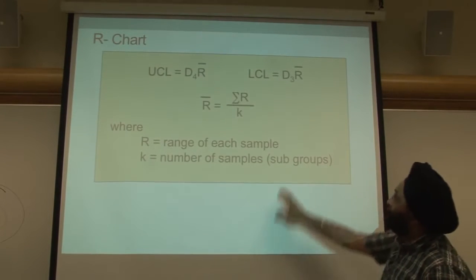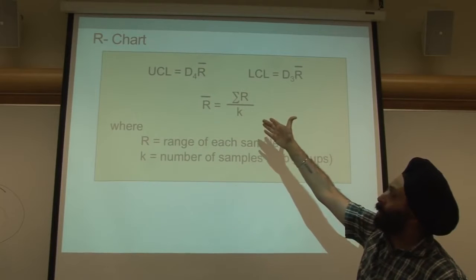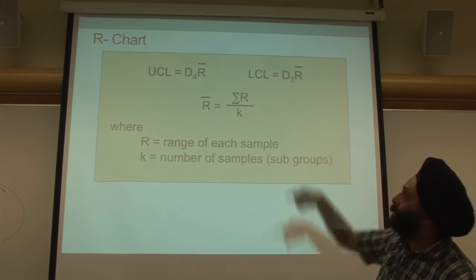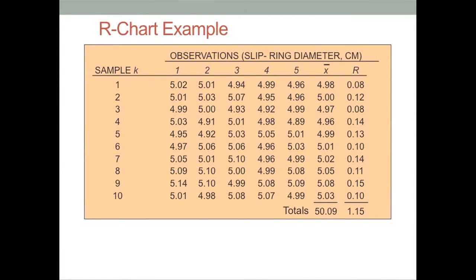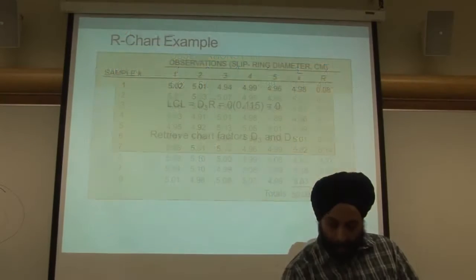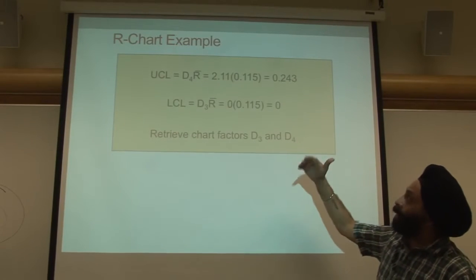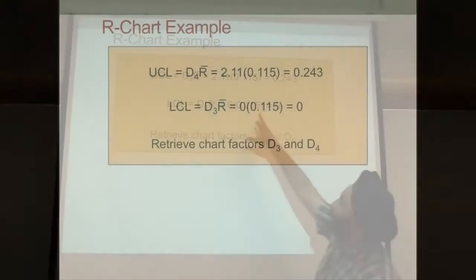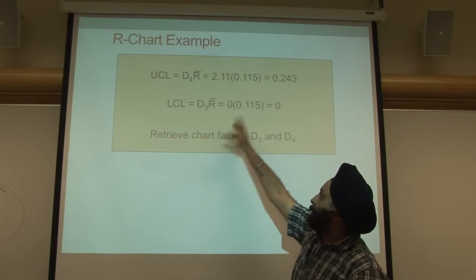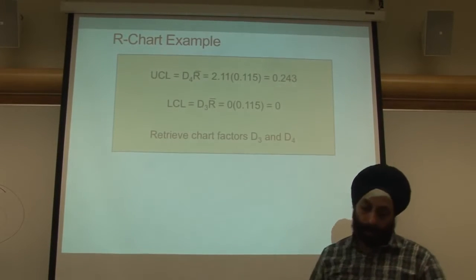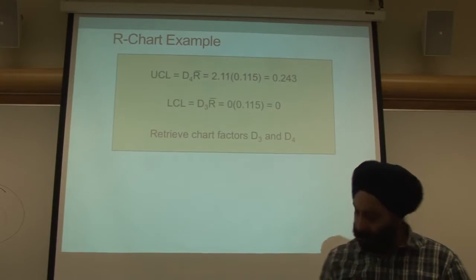In this case, all you are doing is multiplying those values by the R bar, and in our case, those are the numbers that you had for the slip ring diameter example. The upper control limit of R bar is 2.114 times 0.115, which is 0.243, and the lower control limit is 0, obtained by multiplying by 0.115.